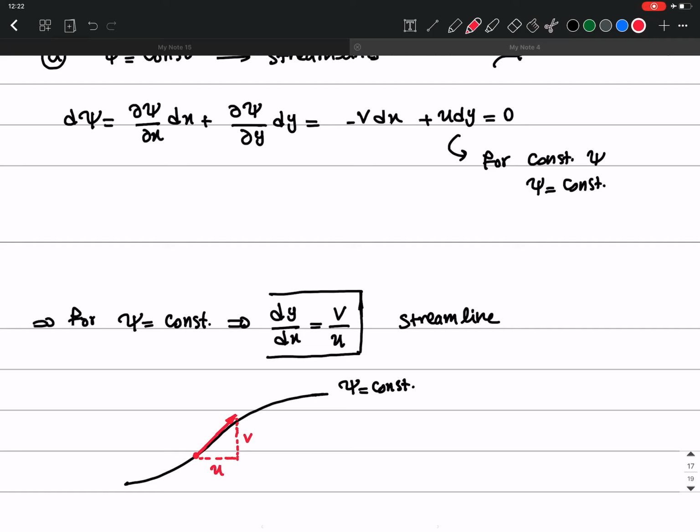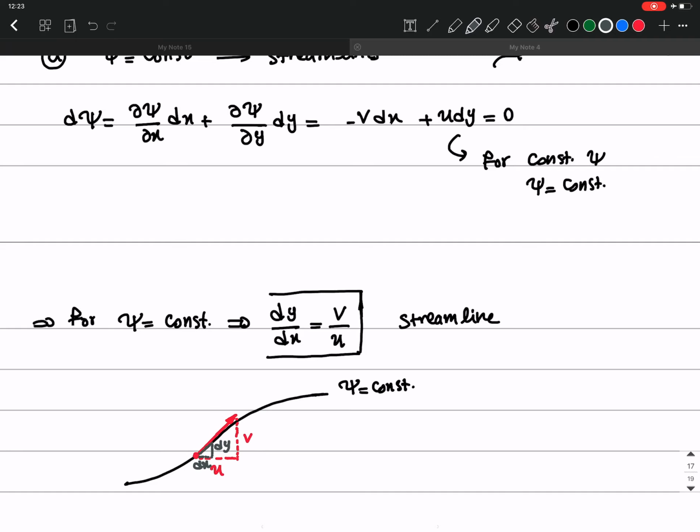And then at the same time, you see here how much it is moving. For this small element, we can say this is going to be dy and this is dx, right?